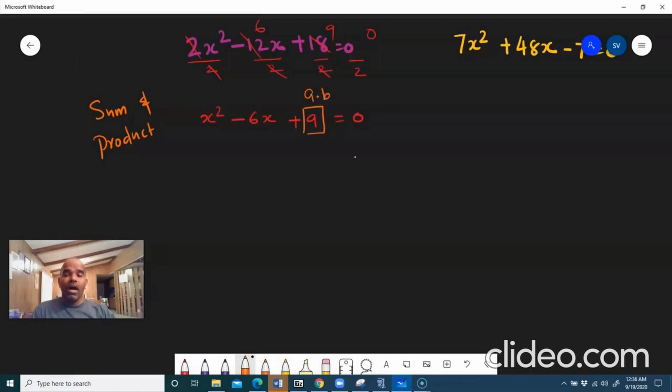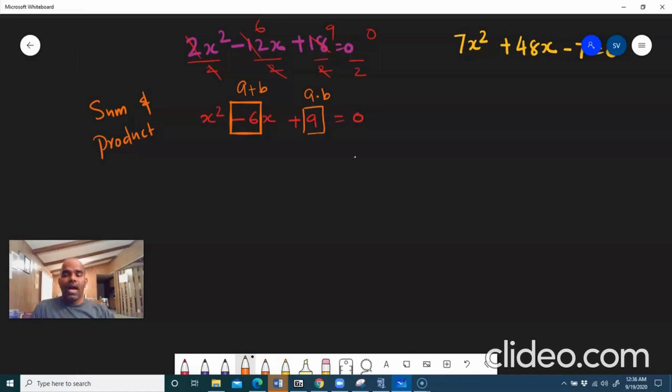If a and b are the two numbers, then a times b will be the last term, and the middle term will be the sum, a plus b. So how can you find those two numbers, a and b?